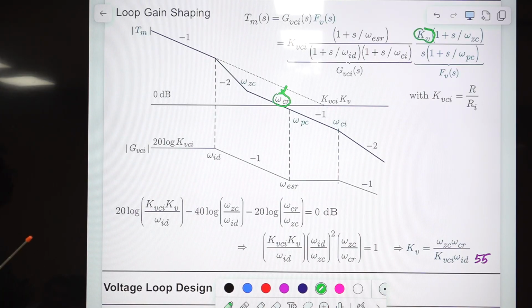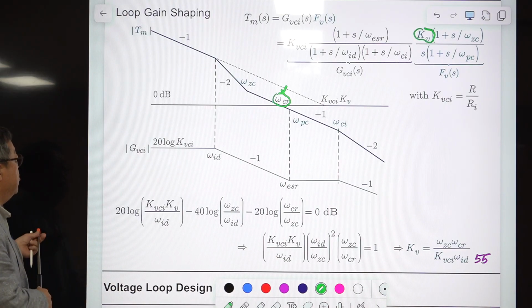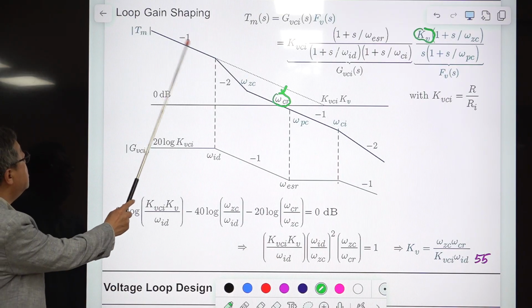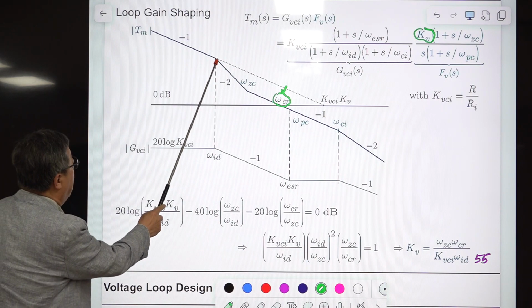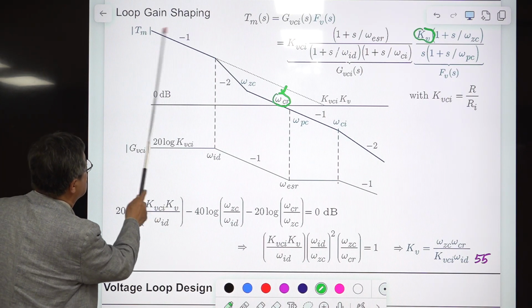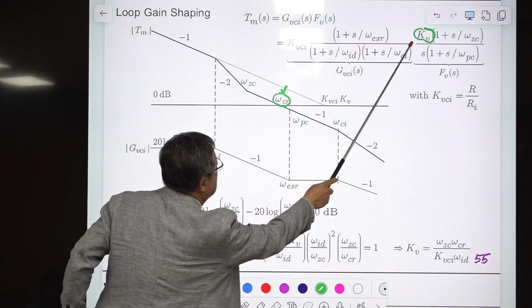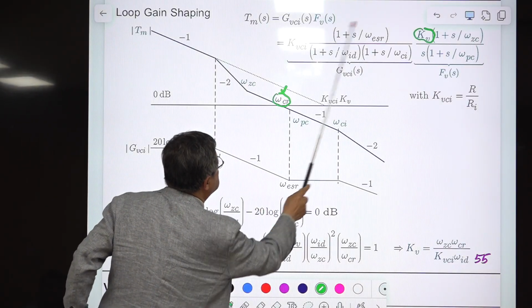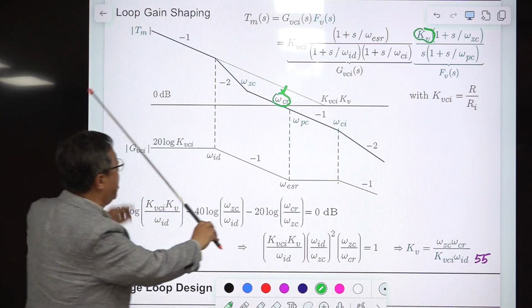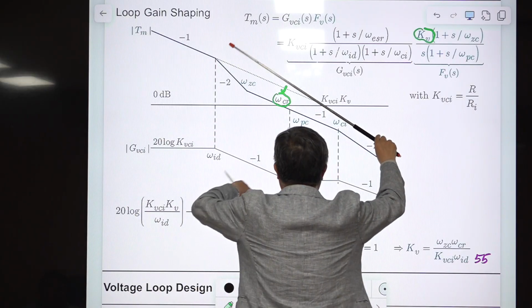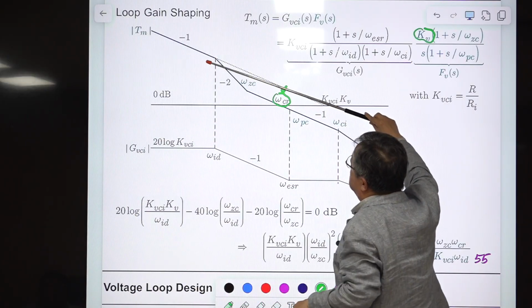So for that purpose, we are using this. The loop gain magnitude at this frequency is this. Initially, this is an integrator, s is here, and the integrator gain is this one, this times this. So initially, this line segment is looking at this point, so it goes to this point.